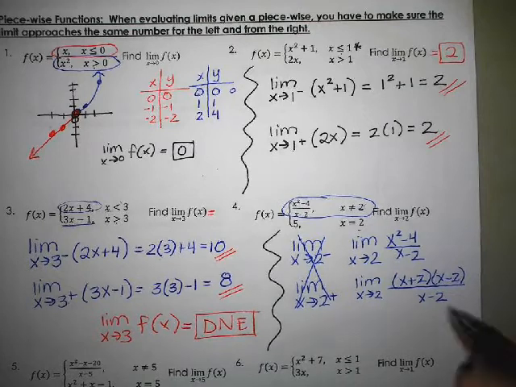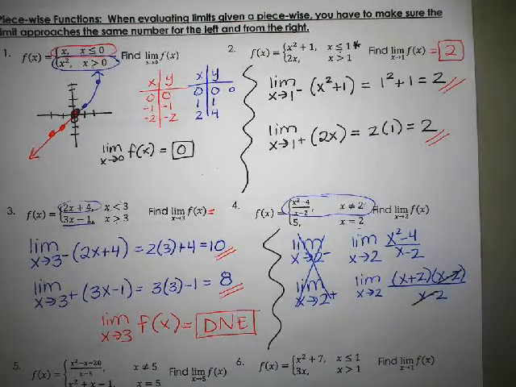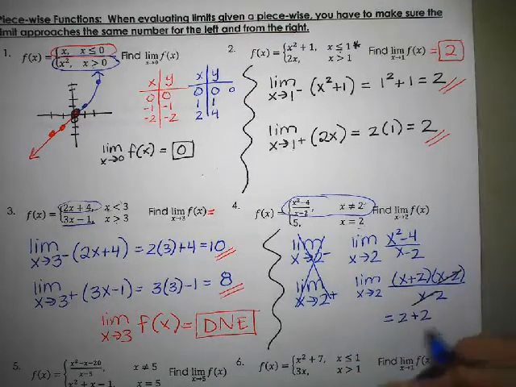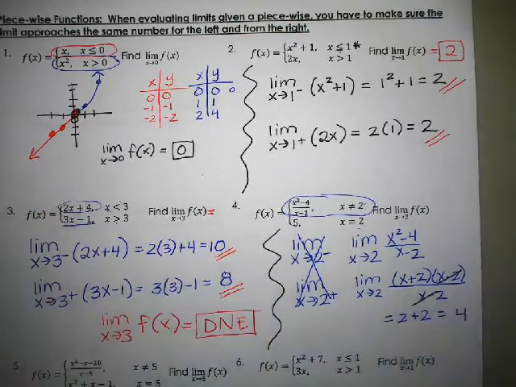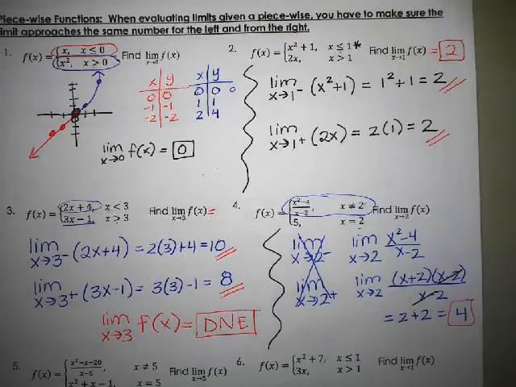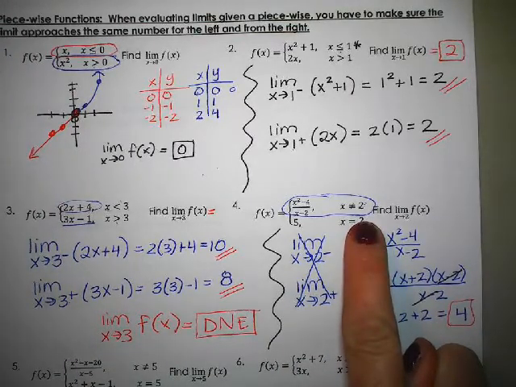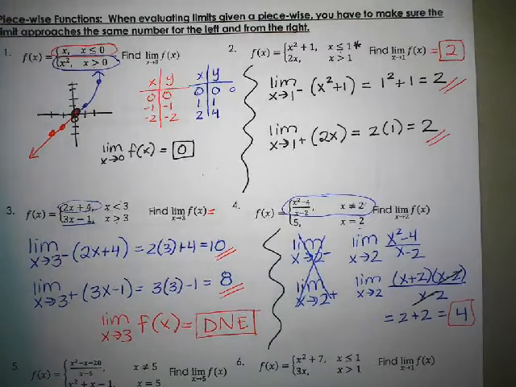I slash off my common factors, and I substitute in 2 plus 2, and I get 4. So my answer to this limit is actually 4. Okay, so if I'm given the choice of does not equals and equals, when I'm doing the limit, I always use the function next to the does not equal.